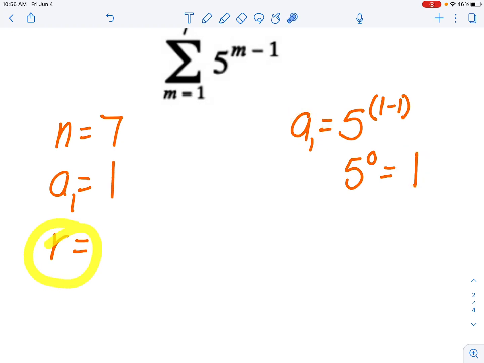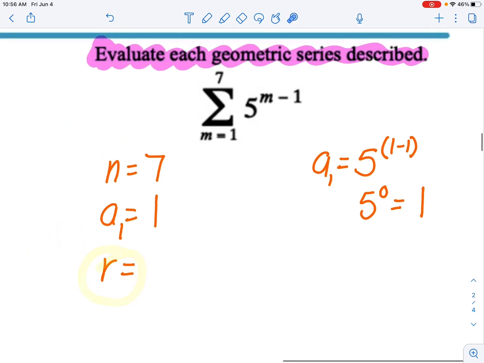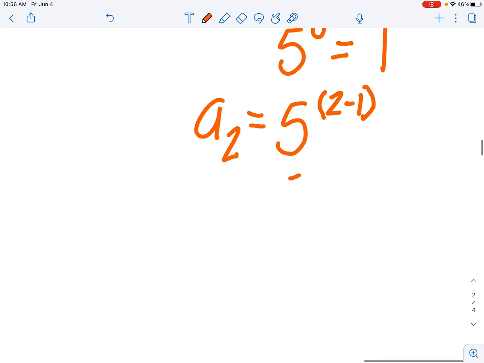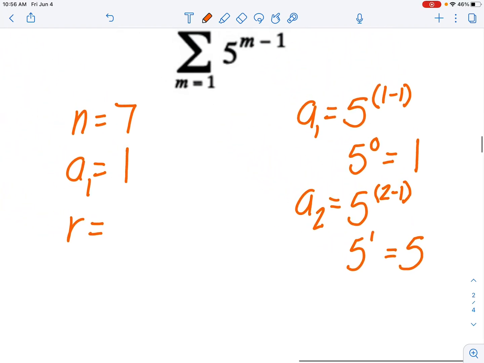Perfect. Now we must find the common ratio. But wait a minute. We don't have the common ratio. Oh, I know what I'm going to do. I'm going to find the second term. Because remember, to find the common ratio, I can divide the second term by the first term. So 5, parentheses, n which is 2 minus 1. 2 minus 1 gives us 1, and 5 to the first power is 5.